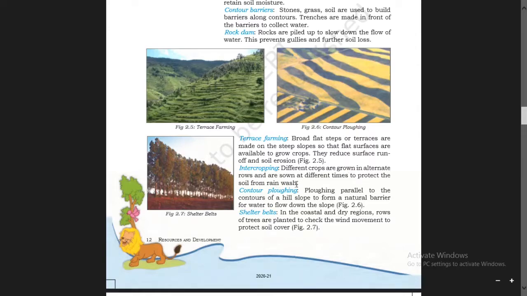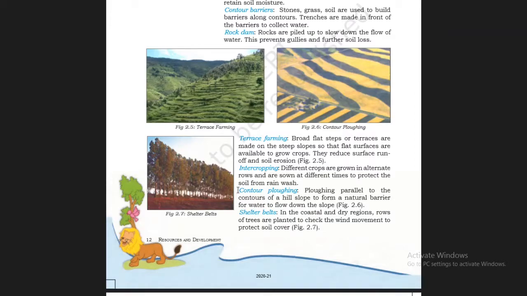So you see, in intercropping, different crops are grown in alternate rows and are sown at different times in order to protect the soil from rainwash. If crops or plants are there, then there is less chance of the soil being washed out by rain.